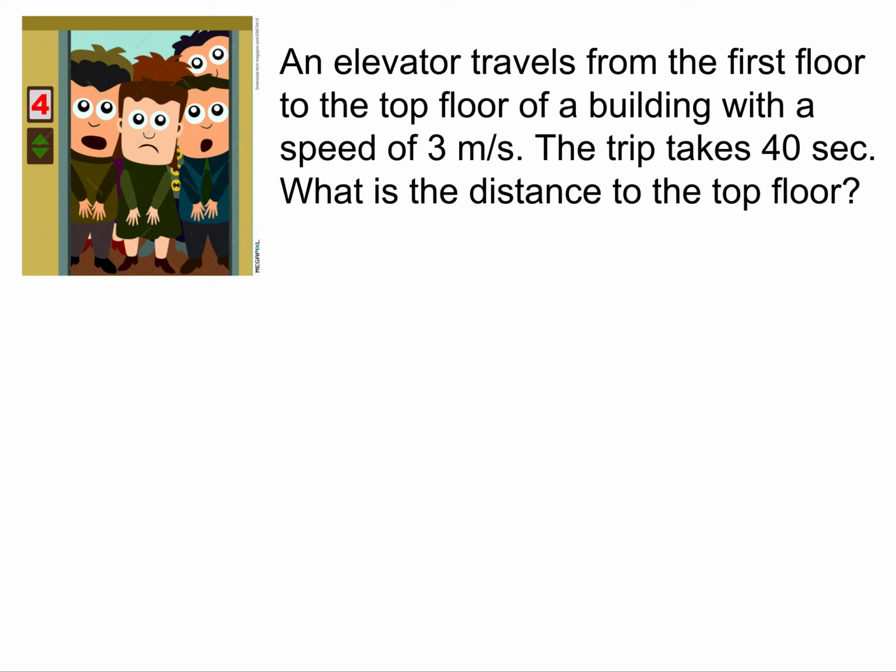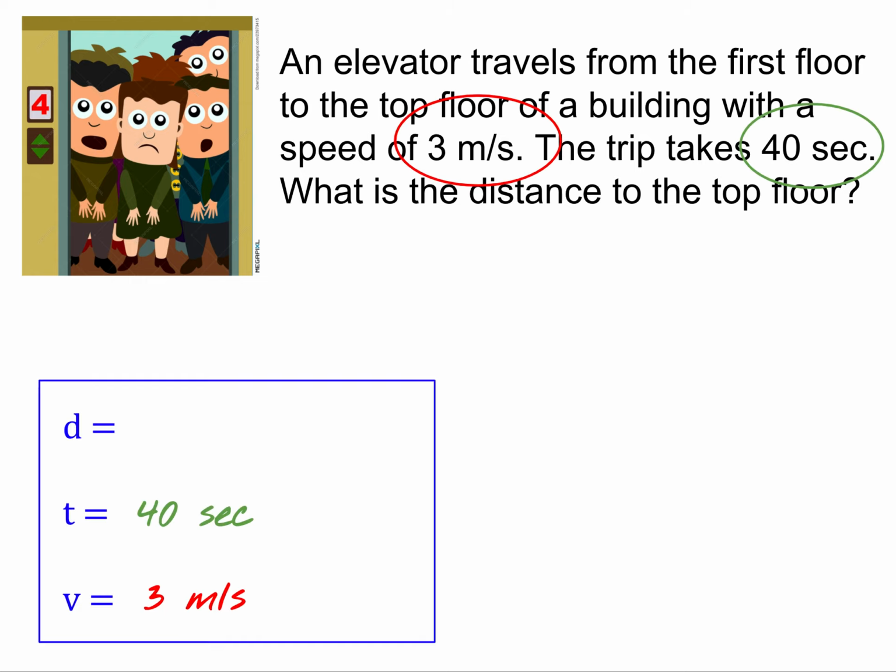This problem has a similar pattern to it. We are given the velocity or the speed, 3 meters per second, that the elevator takes to travel from the first floor to the top floor. And we're given the time of 40 seconds, asked to find the distance. So this would be similar. Again, we would play with that equation a little bit until the d is by itself, and we would end up with d is equal to v times t.